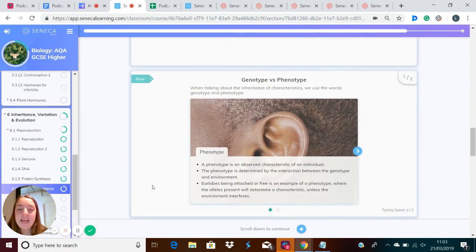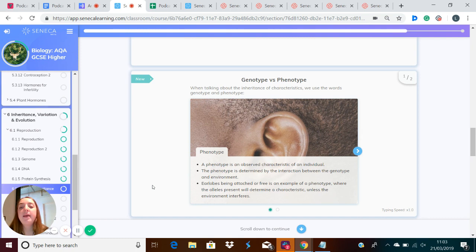When we talk about the inheritance of characteristics, we use the words genotype and phenotype. The phenotype is an observed characteristic of an individual, and this is determined by the interaction between the genome and also the environment.